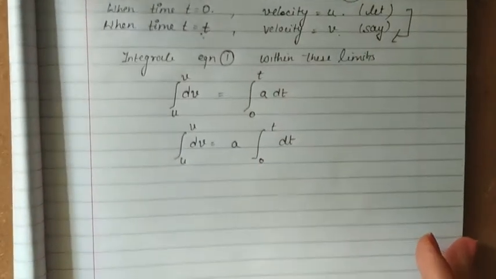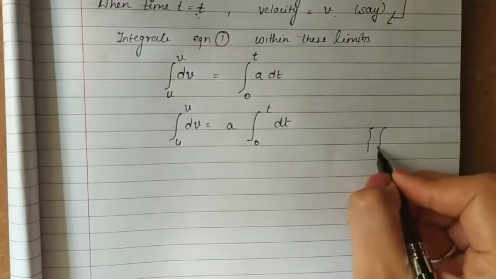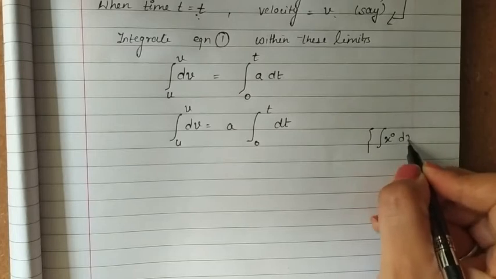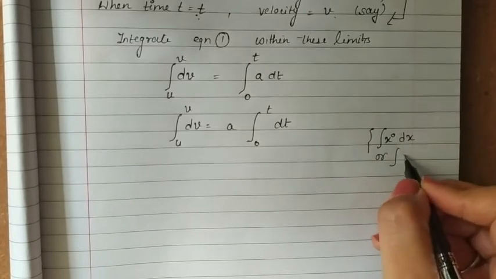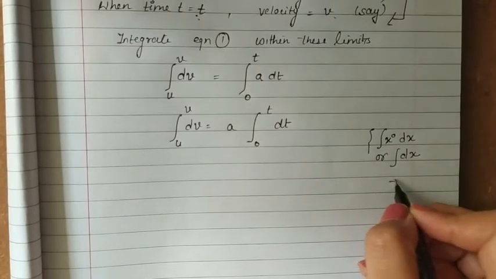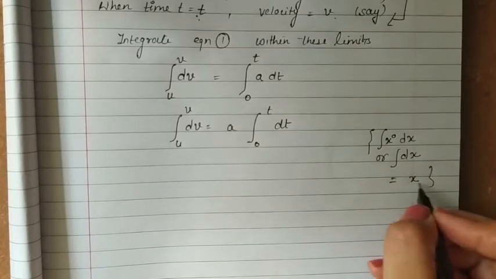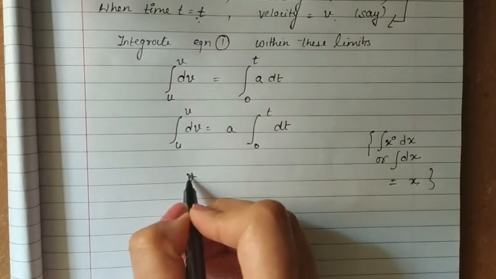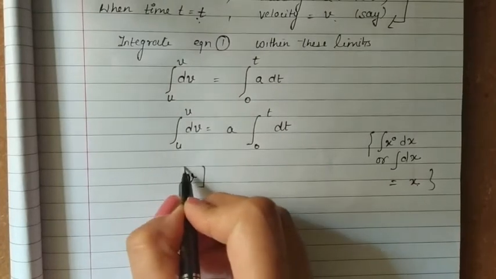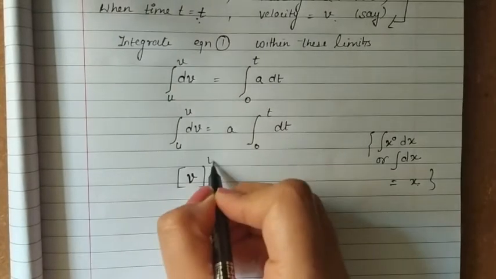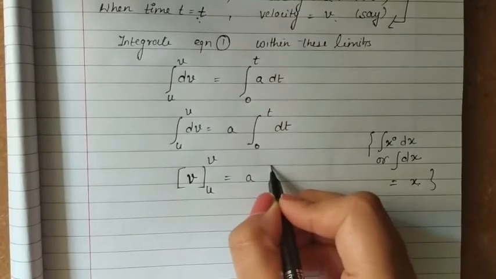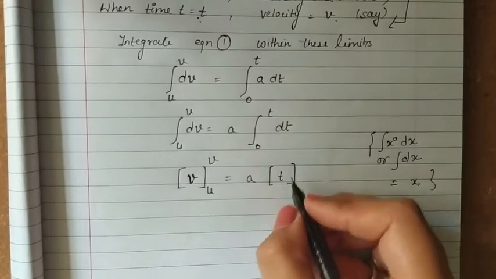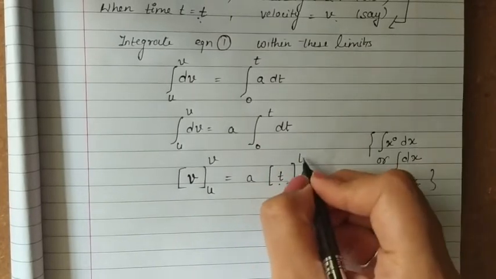Now in integration we have integral of x power 0 with respect to dx, or we can write it simply as integral of dx is equal to x. This is the value of integral. So here in case of dv, after integral we get v, and limits are u to v, is equal to a, and for dt after integral it will be t, and limit 0 to t.